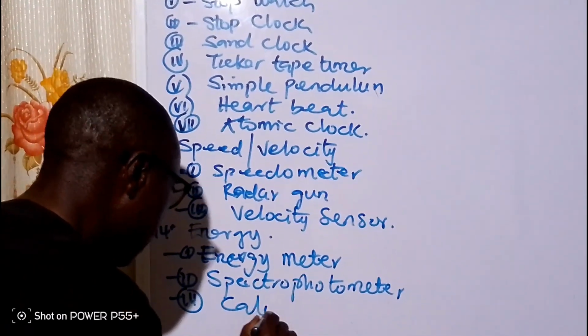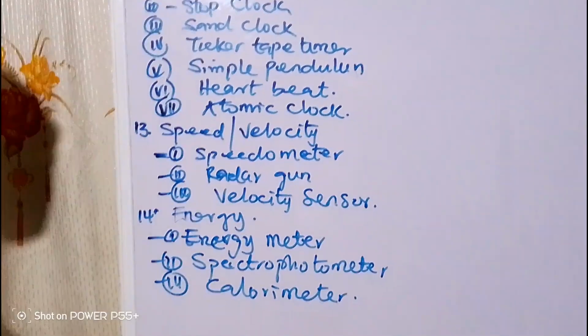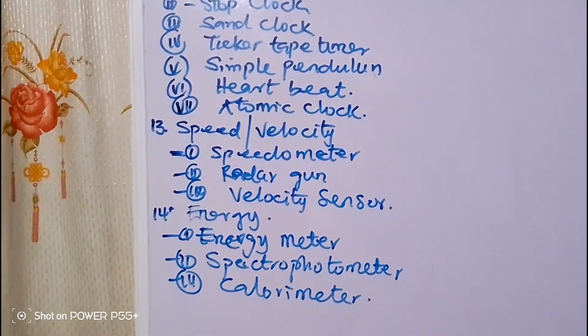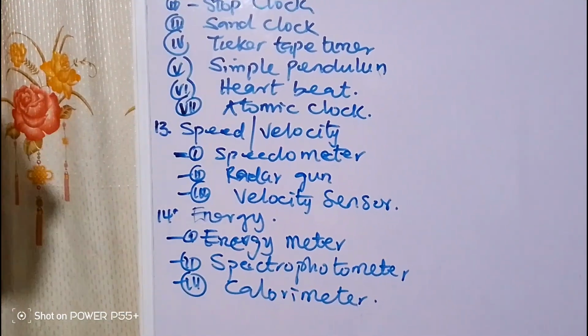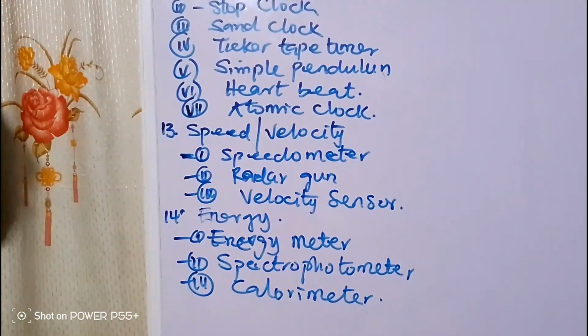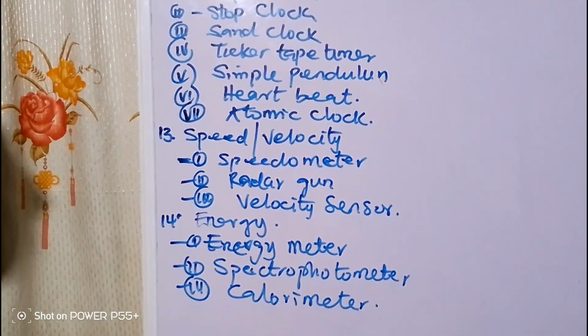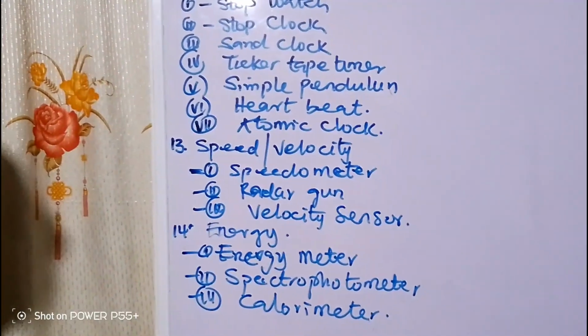Calorimeter. So to measure energy, these are the possible instruments. But mind you, all these quantities that were mentioned and their possible instruments are topics on their own, which we are still going to treat in the future.